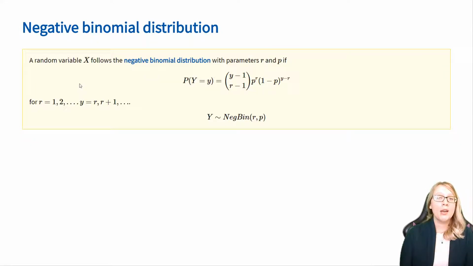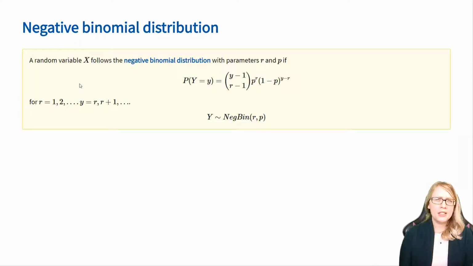We have two parameters in this distribution. r starts at 1, 2, goes up, and y starts at r, and goes on possibly infinitely. We say then that Y is distributed negative binomial with parameters r and p.